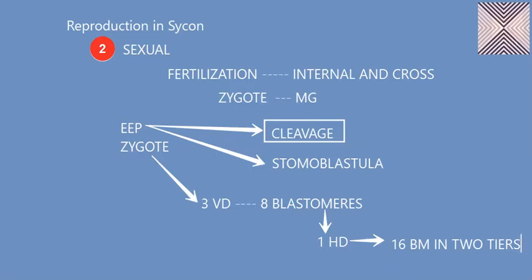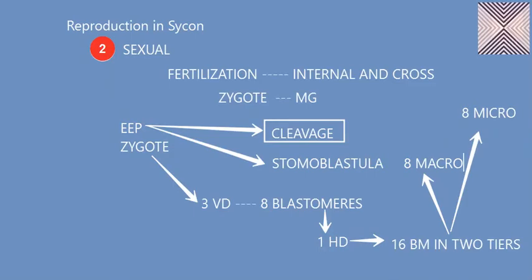Tiers means layers. Now out of these 16, we again get a bifurcation. The upper 8 are smaller in size. That means 8 are micro and the lower 8 are macro.